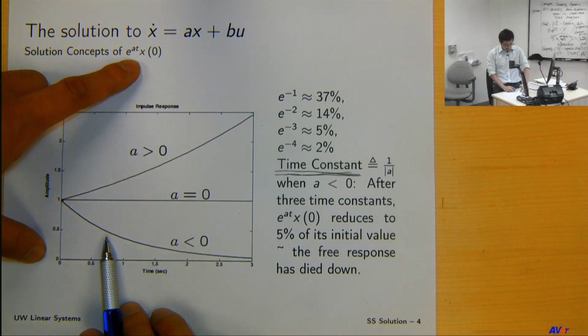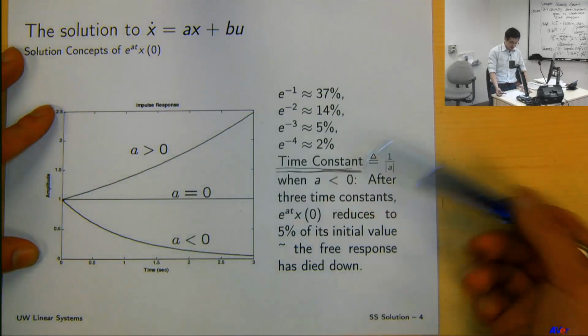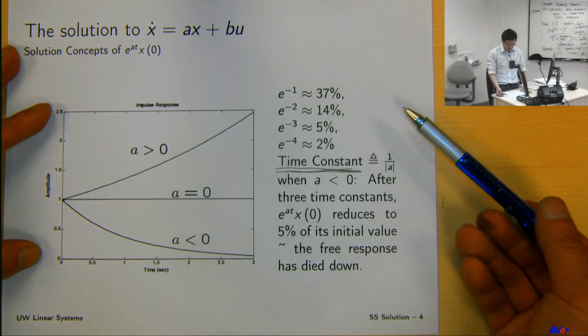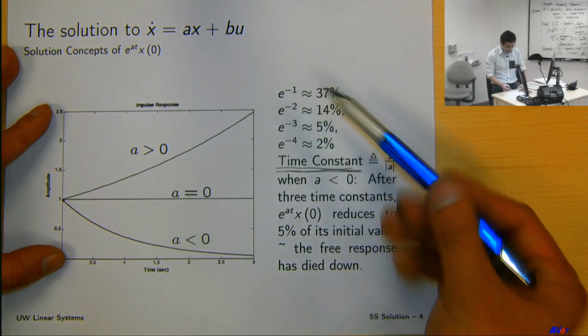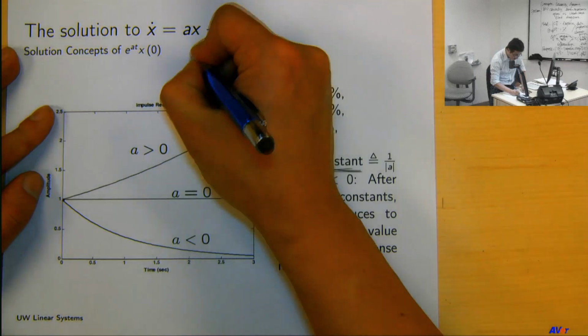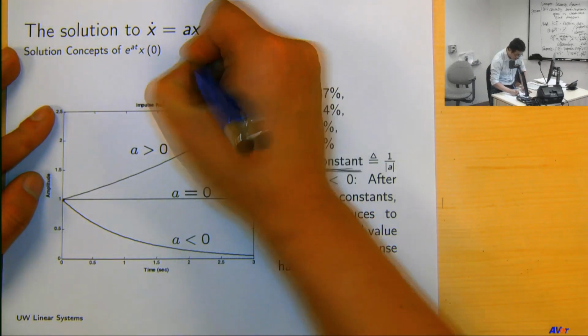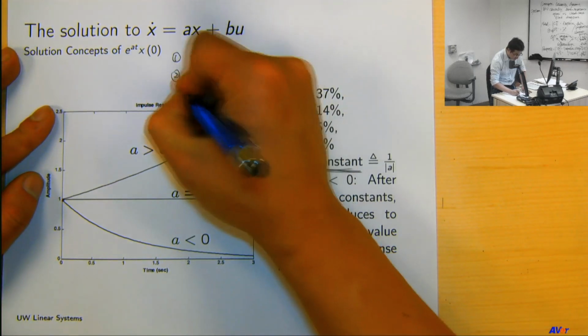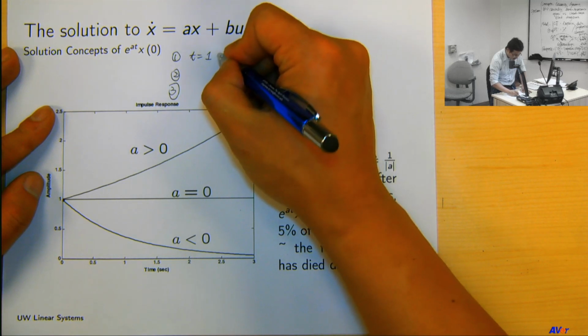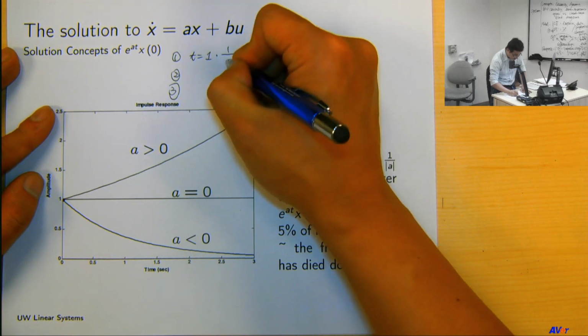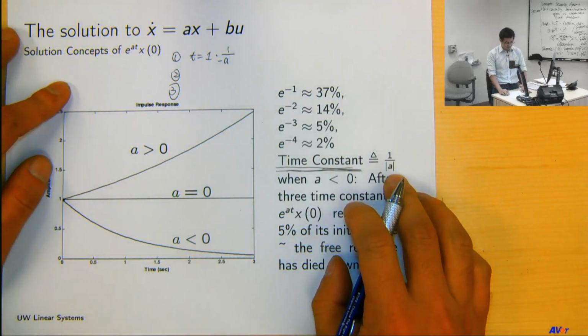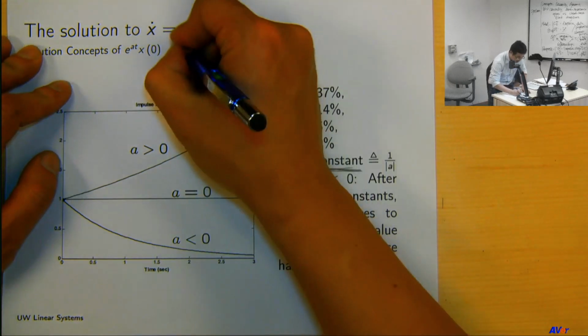Right? So some typical numbers, if you plug in and use a calculator, you will know that if t is 1 times this constant, negative a, so this is for the case a is negative.